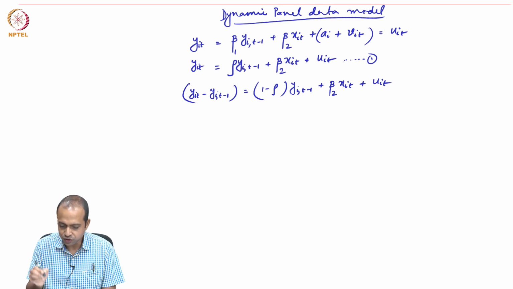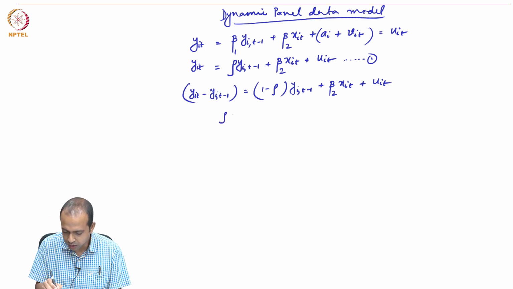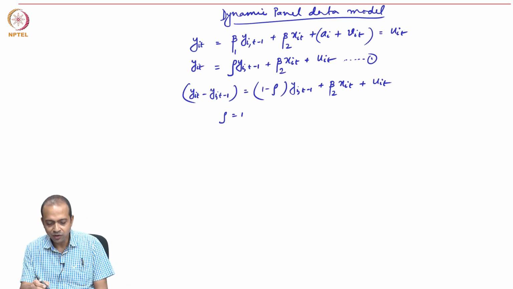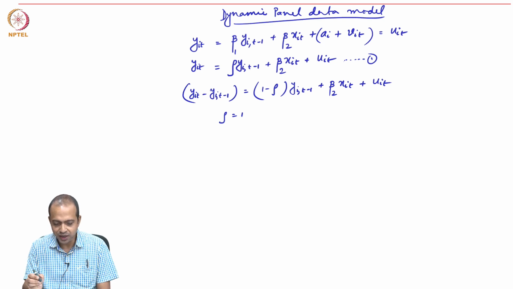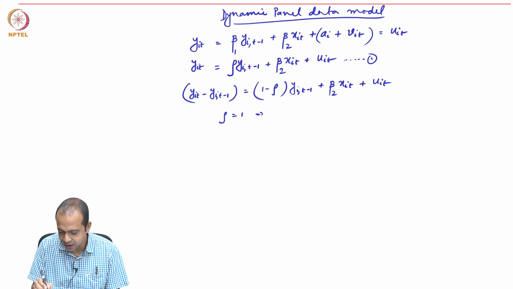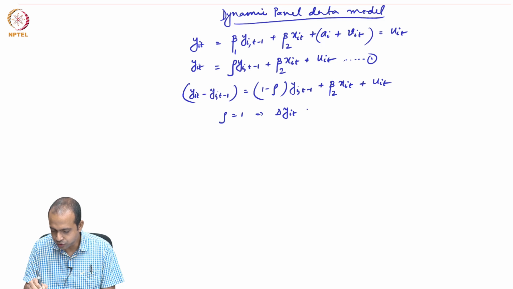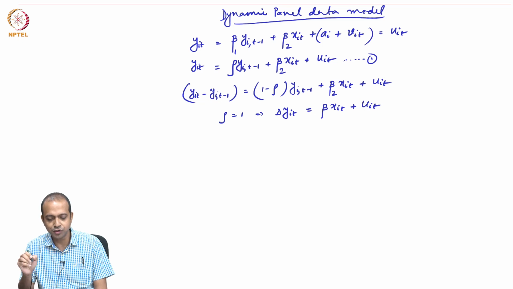And see the coefficient 1 minus rho. If rho equals 1, then what happens? Then we can say that there is no lagged dependent variable in this equation. So, simply delta Y_it equals beta X_it plus u_it. That means there is no presence of a lagged dependent variable in the model.